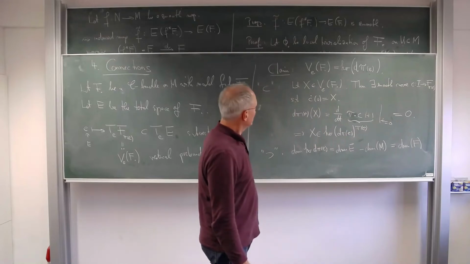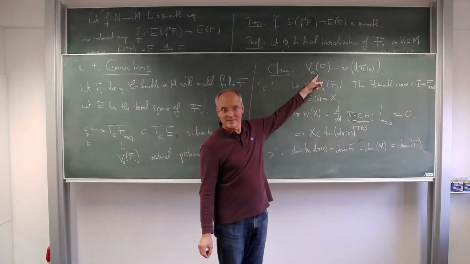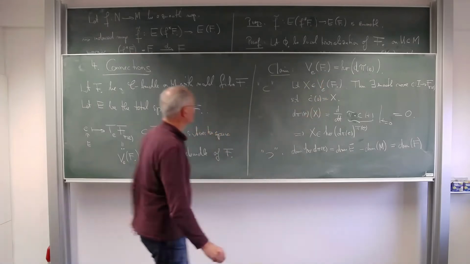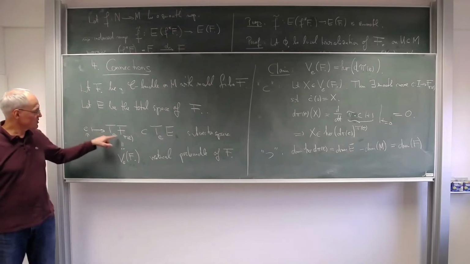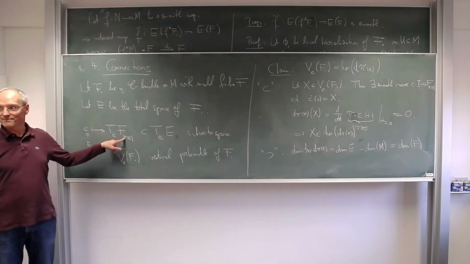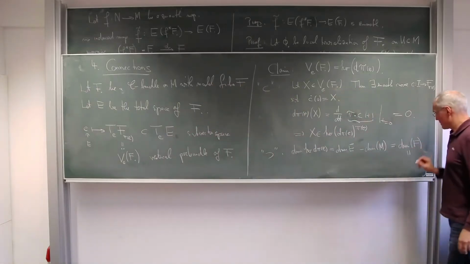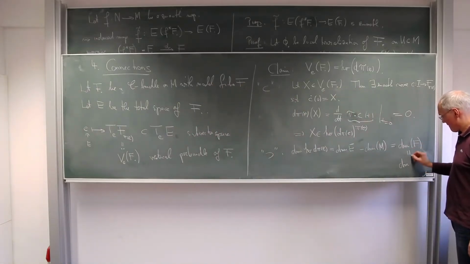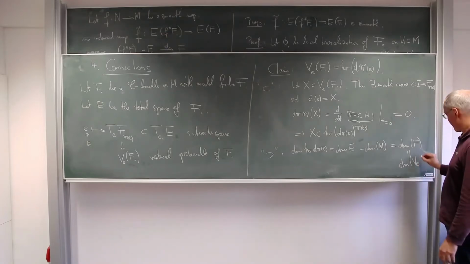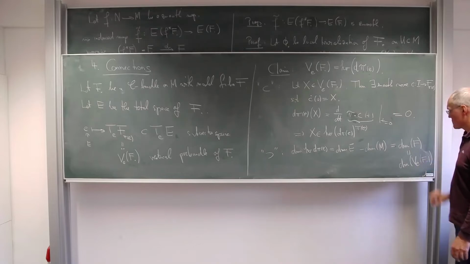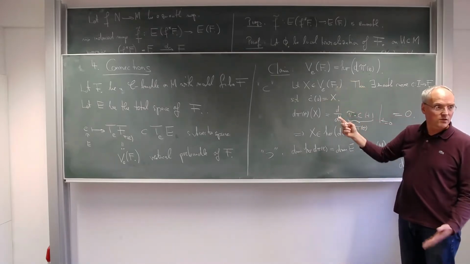And what's the dimension of this space? Remember, this was defined to be the tangent space of the fiber at a point. So this is the same as the dimension of the model fiber, right? So these two spaces have the same dimension, one is contained in the other, so they must be equal.